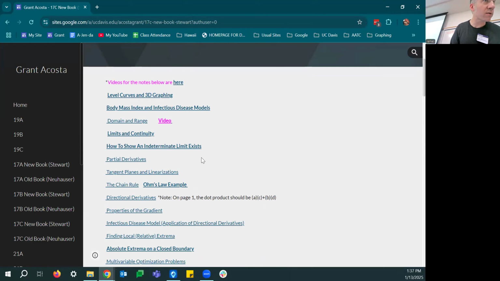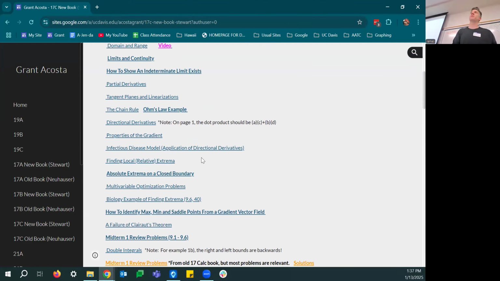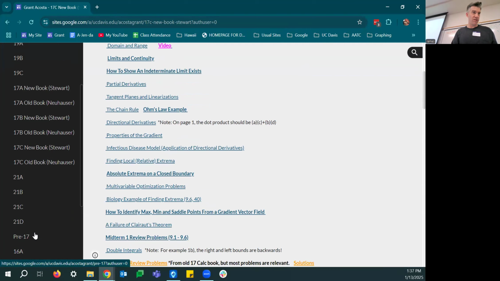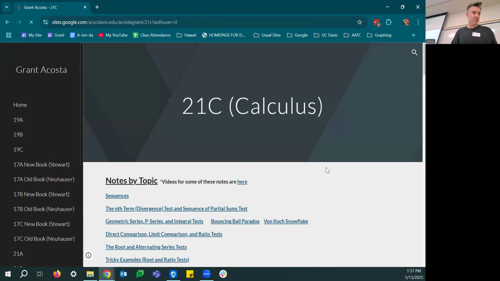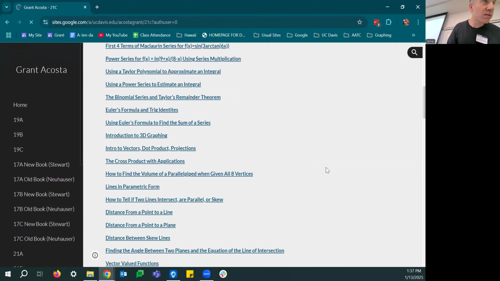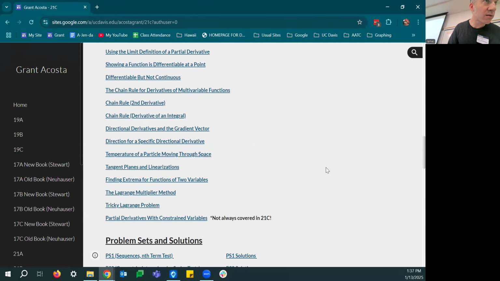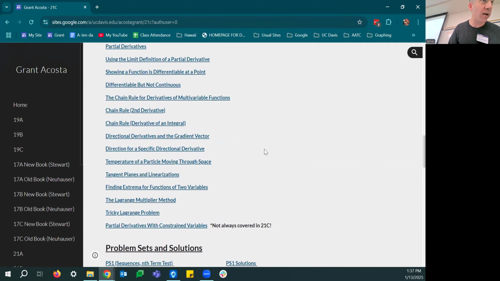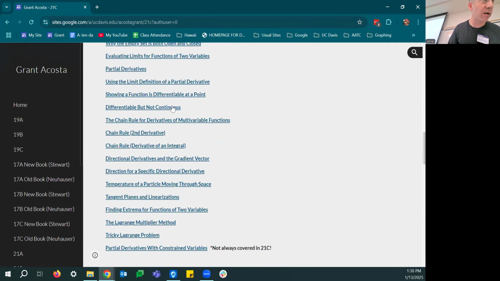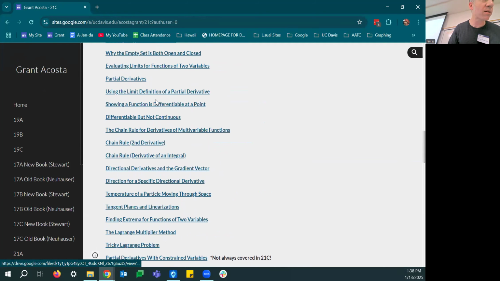Partial derivatives. Maybe not. Where else would it be? Sorry, one second. Apologies. Maybe it's in the 21C stuff. Darn it, I've forgotten where it is. Oh, I think it's right here. Oh, differential.